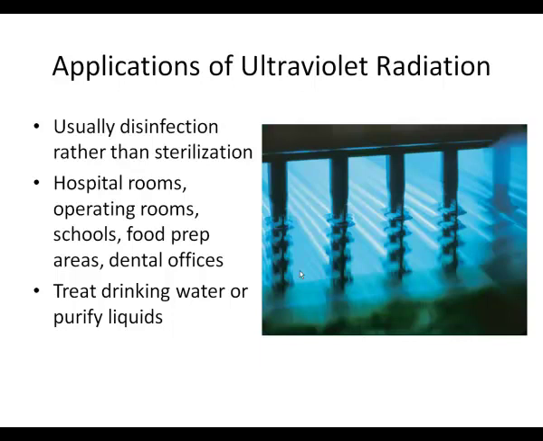Lots of dental offices. You can also use UV light to purify drinking water. A lot of the bottled water that we get in our stores right now is UV light treated for purification. This picture over here is essentially UV light water treatment.